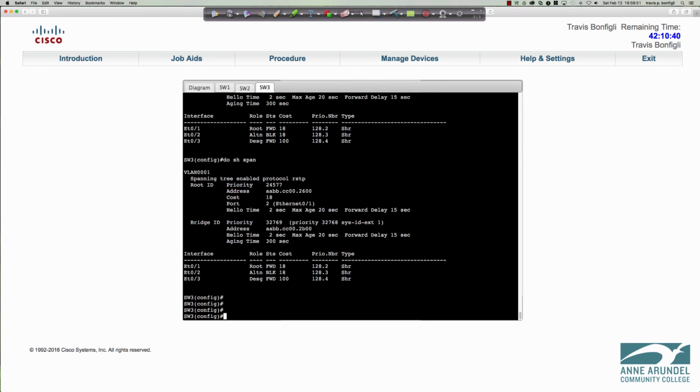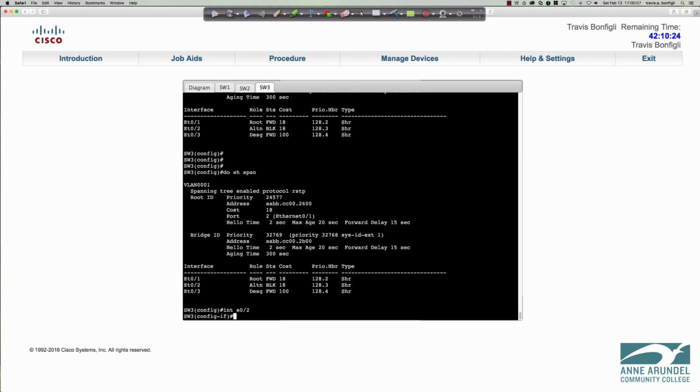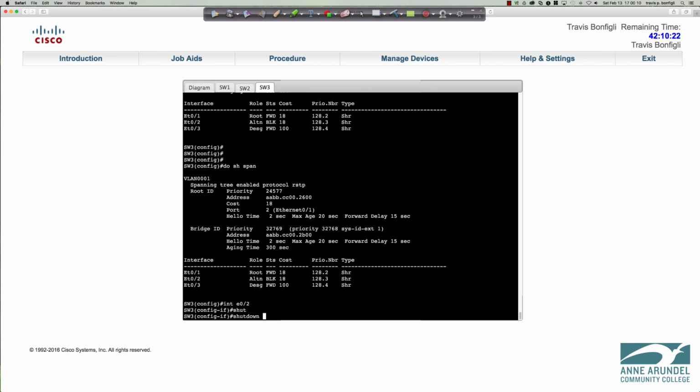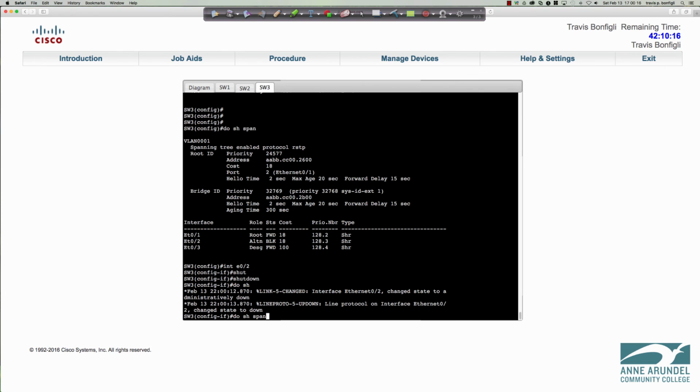So on switch 3, and we have it up there already, do show span, you can see we've got this alternate port which is blocking. Well, rapid spanning tree protocol has already pre-calculated the paths. So on switch 3, if I were to go into interface Ethernet 0/2 and I were to say shutdown, let's see just how quickly, do show span, it converges.